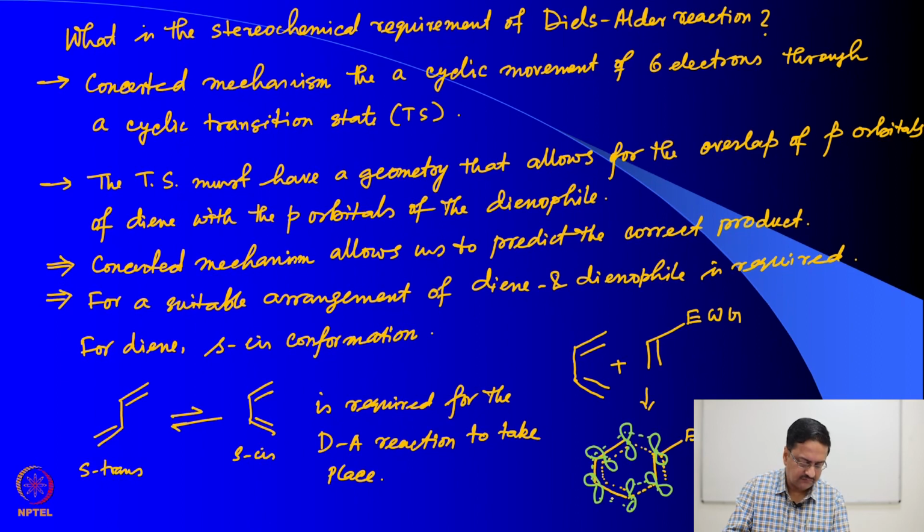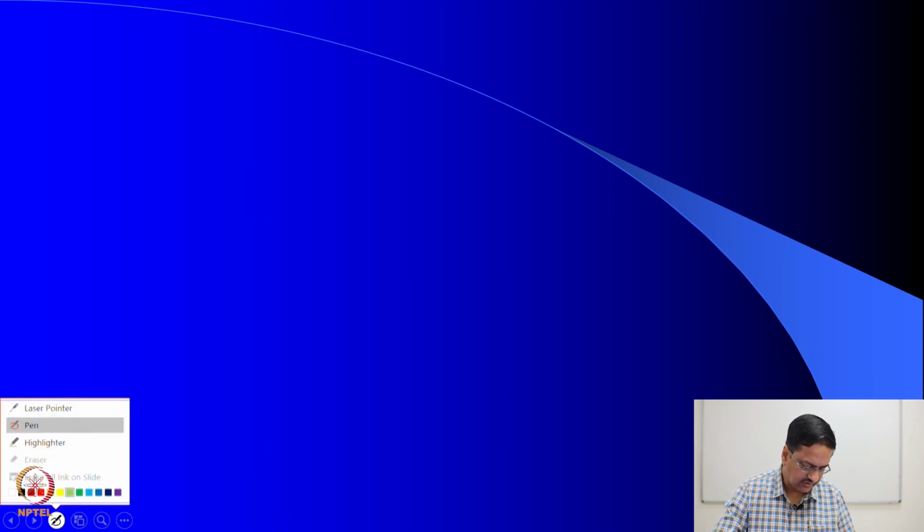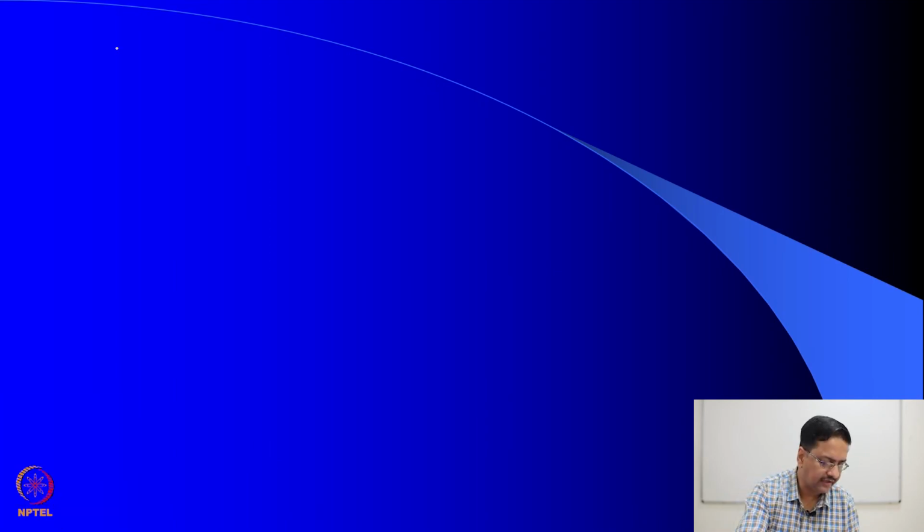So, this stereochemistry is absolutely required for a successful Diels-Alder reaction to take place, and that is why we should always heat the solution to bring the s-cis conformation in the solution, and then the reaction takes place smoothly to give you the Diels-Alder product.